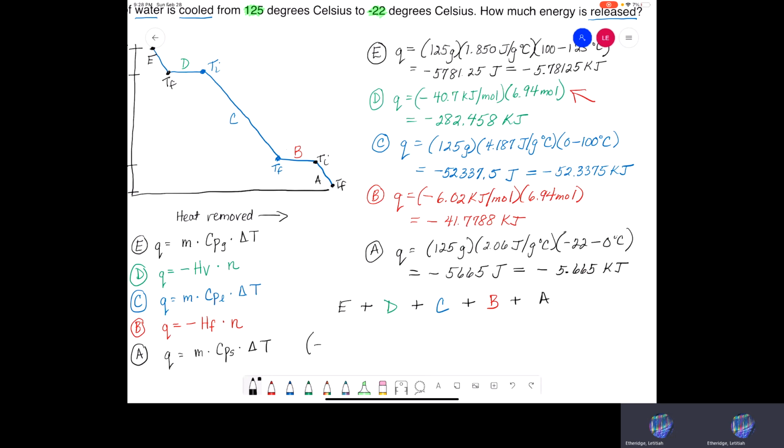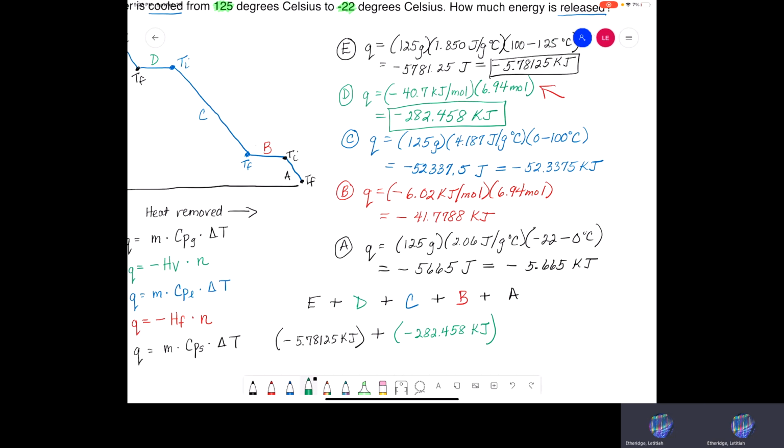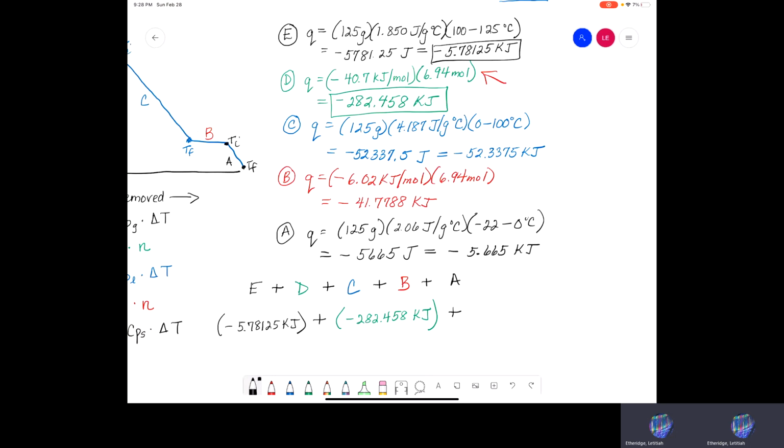We have minus, don't forget the negative sign, y'all, 5.78125 kilojoules. Okay, that is this number. Next number is D, minus 282.458 kilojoules. This number right here. Let me slide this over a little bit so I can get some more space. C, minus 52.3375 kilojoules.